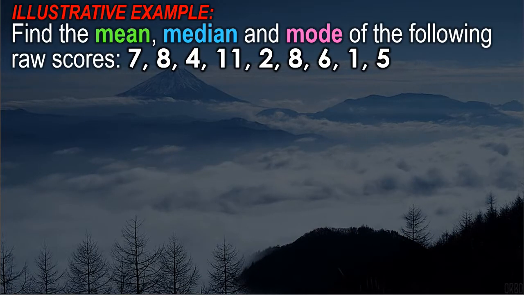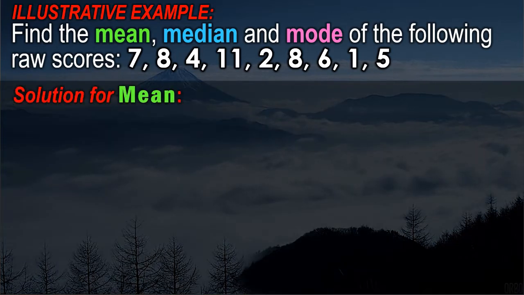Let's have an example. Find the mean, median, and mode of the following raw scores: 7, 8, 4, 11, 2, 8, 6, 1, and 5. For the solution, the mean is equal to the summation of x over n.